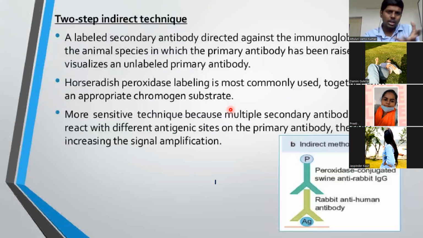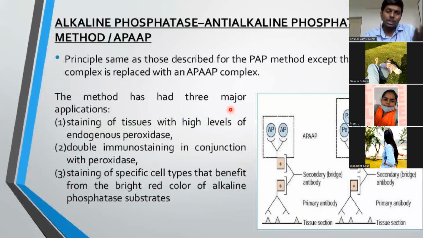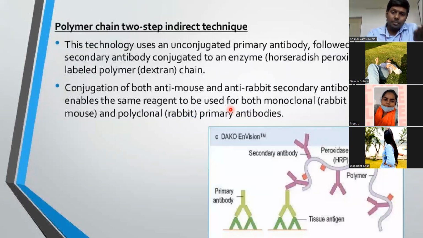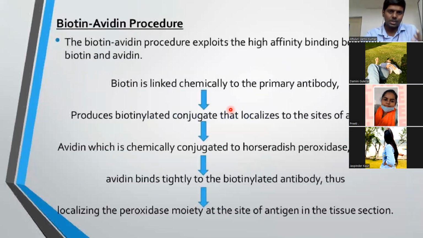Okay, so this is all about various enzymatic staining protocols: peroxidase, anti-peroxidase, alkaline phosphatase, anti-alkaline phosphatase methods. Then avidin biotin complex methods. Then we have polymer chain, dextran polymer chain methods. So we have various methods of detection of these enzymes.